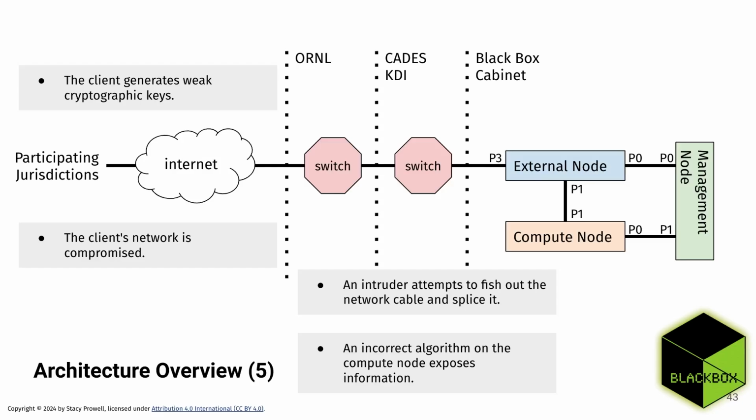An intruder attempts to fish out a network cable and splice it. What am I talking about here? You get down on the floor of the room and you get a little hook and you reach underneath the cabinet and you try to hook one of the cables and pull it out and splice it. So what we did was we had people cut the cables to length and put them in.